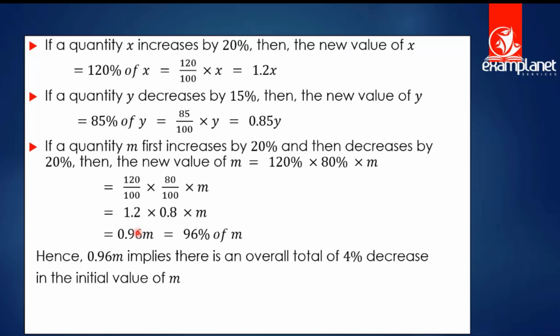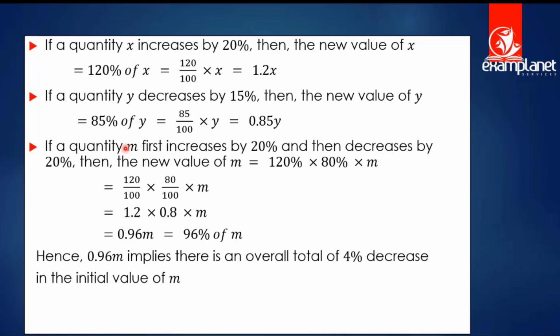Now 0.96 m, if you turn it to percent, what does it mean? It means 96 over 100, and that is 96%. So at the end of the two changes, the final value of m is now 96% of m, meaning it is no more up to 100% anymore.